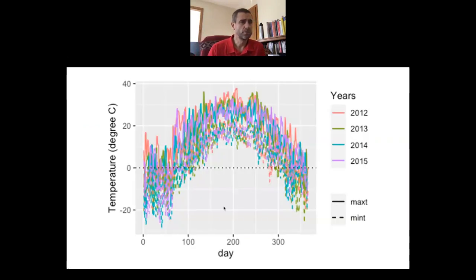Normally we obtain a graph like this one, and in the APSIM interface you obtain a similar graph. But note that this graph makes it a little difficult to know what's going on. We only have 4 years, and we have maximum temperature and minimum temperature, but it's not that easy to understand what patterns are going on here.